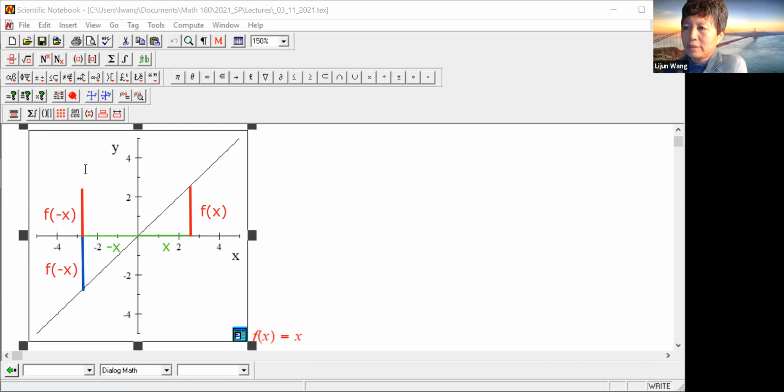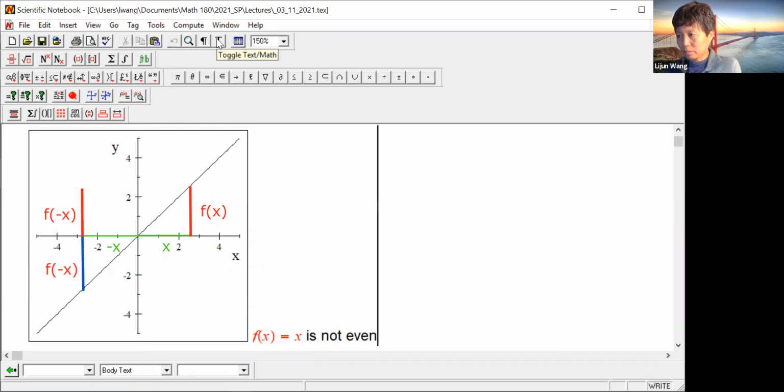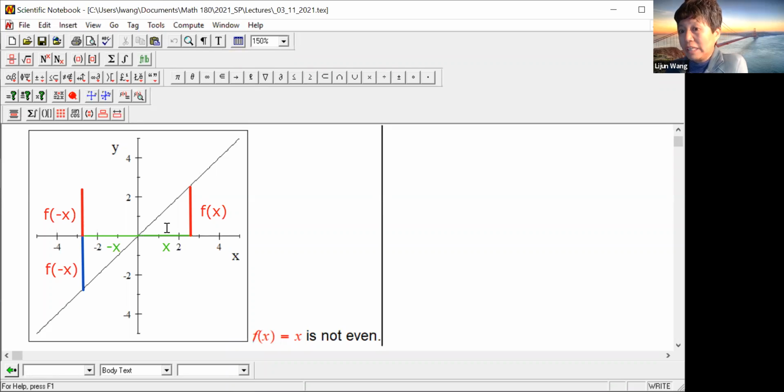The two red are required for an even function, but here we don't have that. Therefore, this is not even. Do you follow me? Now, for an even function, can you picture it now?